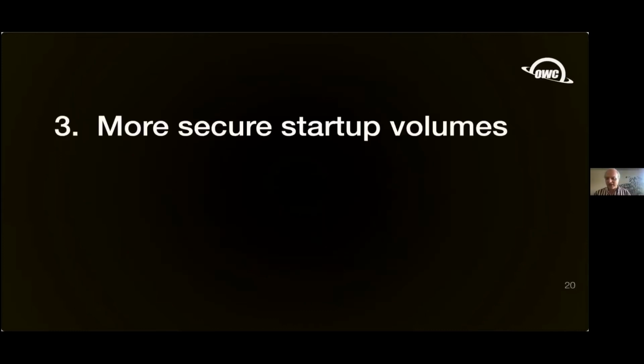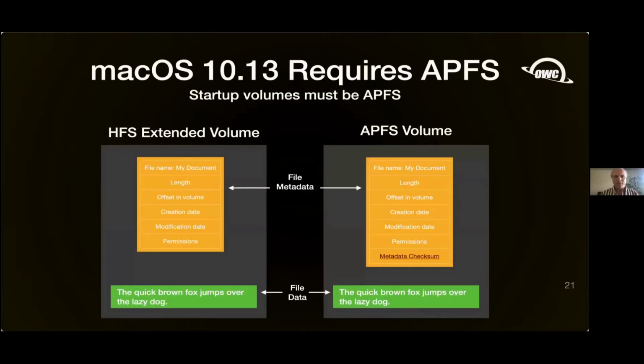So let's start talking about how Apple is making more secure startup volumes. The first step they made was in 10.13 when they required startup volumes to be APFS. And the reason this is more secure is, if you look down below, I have an HFS Extended volume on the left, an APFS volume on the right.